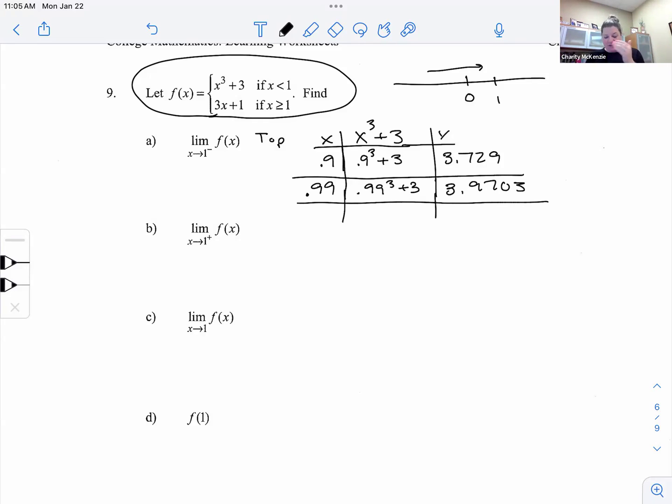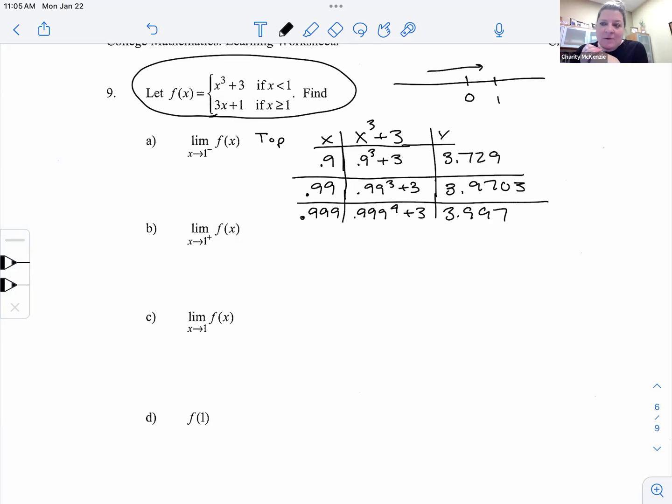I can see it's getting closer and closer. So I could put in 0.999 and see, it's even closer, right? So 0.999 to the third plus 3 is 3.997. So we can see it's getting really close to 4.